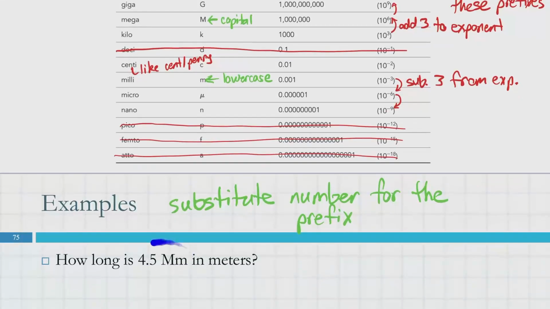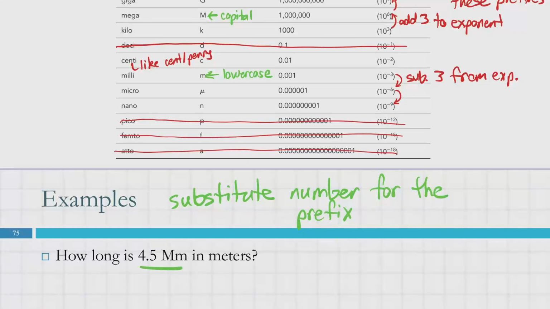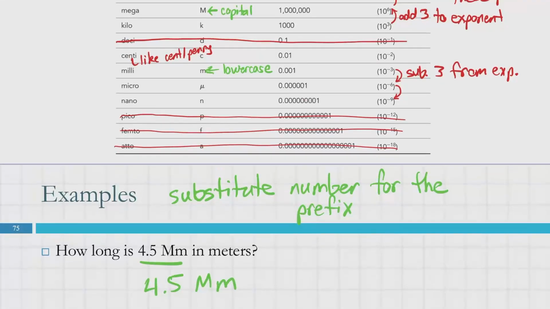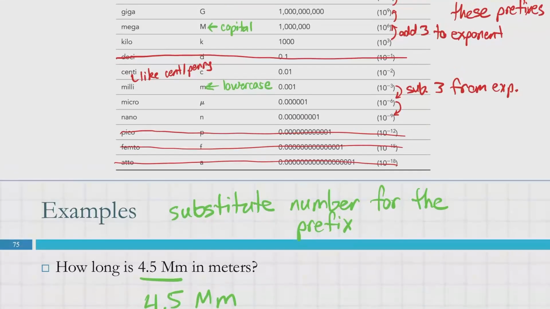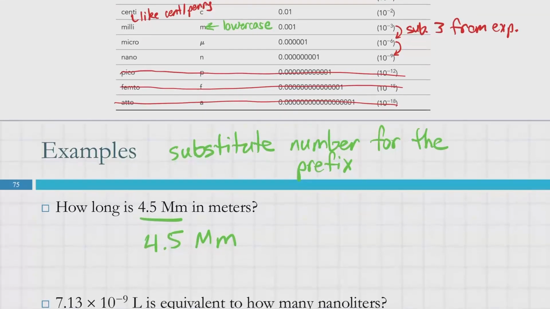So for example, 4.5 megameters, crazy distance. 4.5 megameters, we're going to substitute in what mega is equal to. Mega from our prefix table is equal to million, which is 1 with 6 zeros after it.